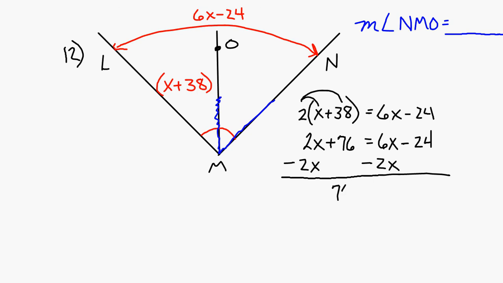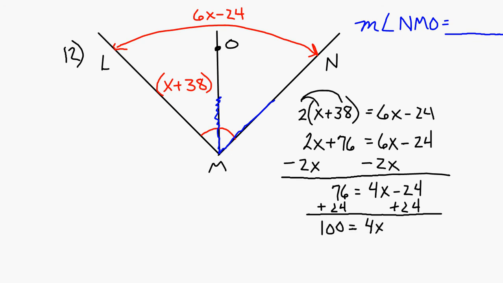So 76 equals 4x minus 24. Add 24 to each side. 76 plus 24, 100. And then divide by 4. So what does x equal?